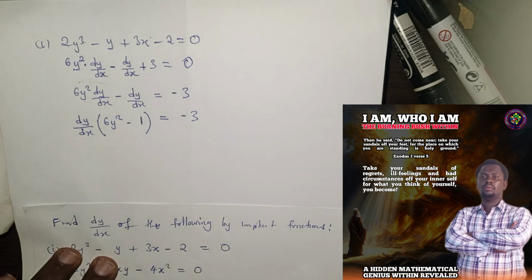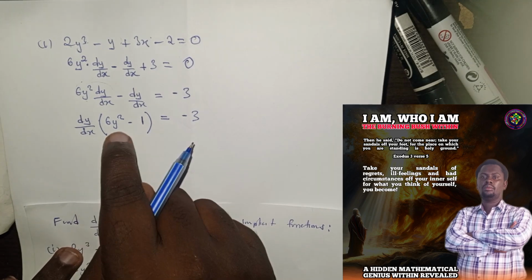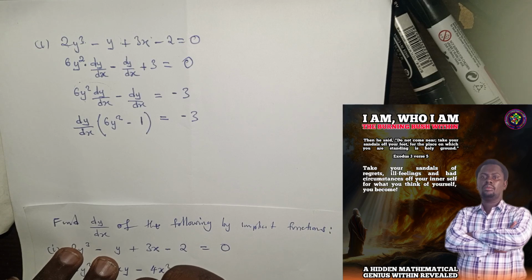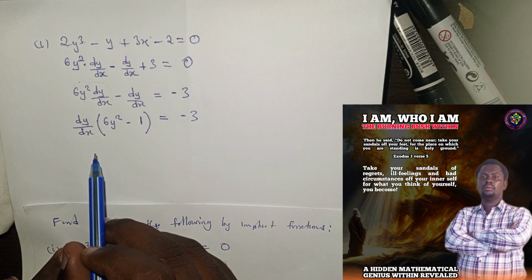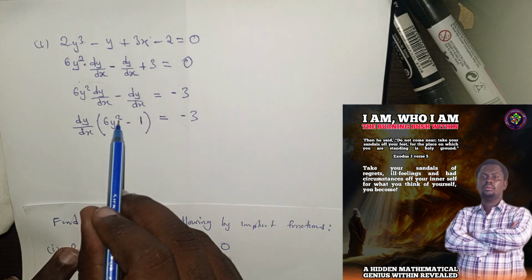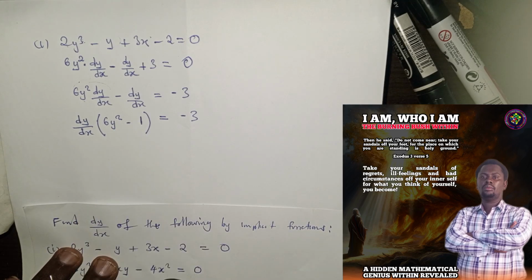Now since we are solving for dy/dx, we need to make sure that from this side of the equation, you remain with just dy/dx. So you divide through by 6y squared minus 1, both sides of the equation.